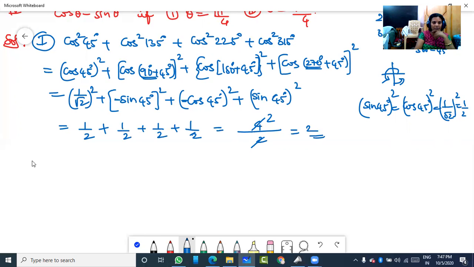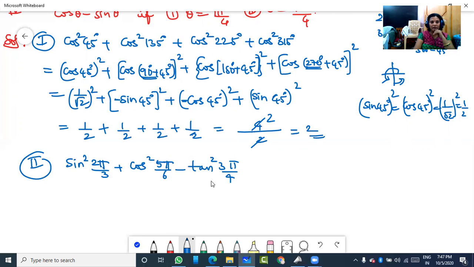The second question is sine square 2 pi by 3 plus cos square 5 pi by 6 minus tan square 3 pi by 4. You can take 2 pi by 3 means pi minus pi by 3.